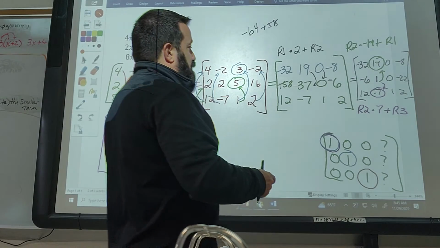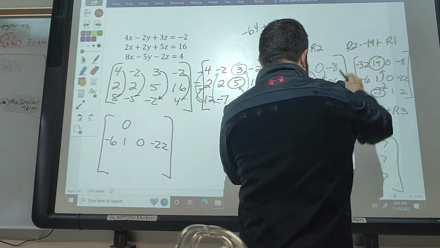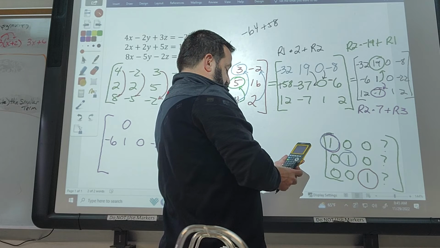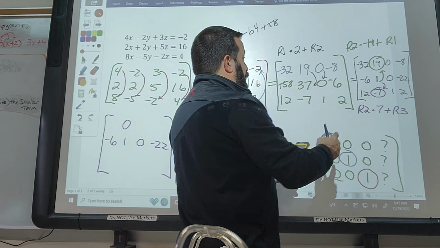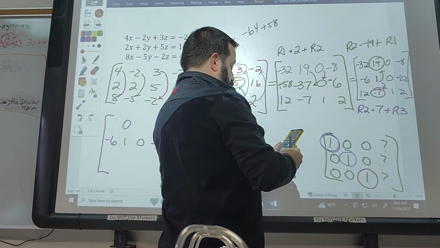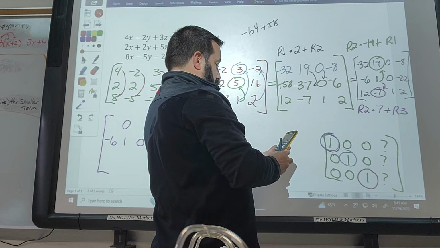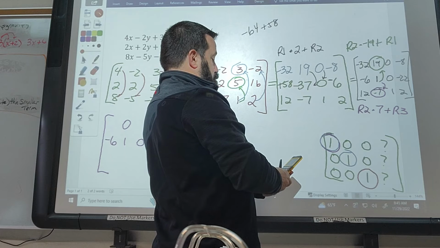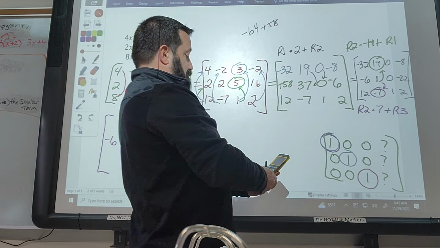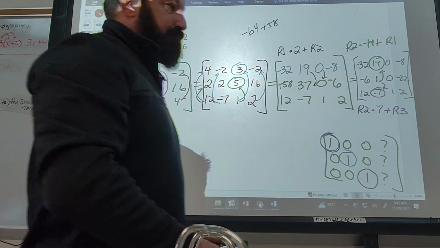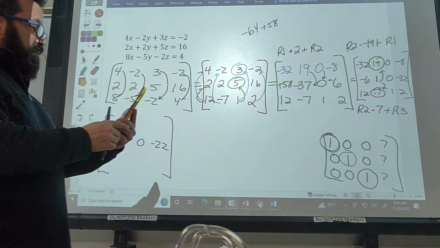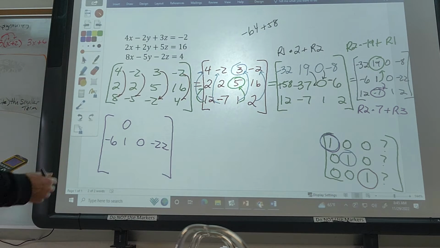But I have to take negative 6 times negative 19, and then I'm going to add negative 32. Comes out to be a 82. Is that what you guys get? I believe that's right, 82.